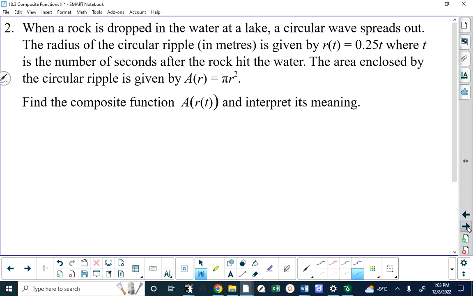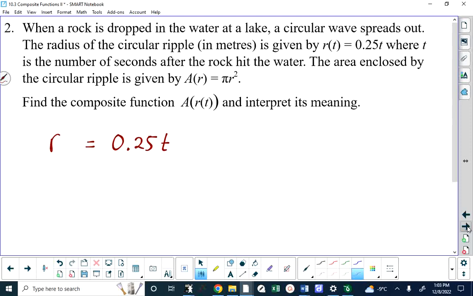And it turns out that the radius as a function of time is 0.25 times the time. And I'm going to write that without the function notation. And I'll just mention to you there's a physical reason why this is the case. It's because the wave moves at 0.25 meters per second. And if you multiply speed times time, you get distance.